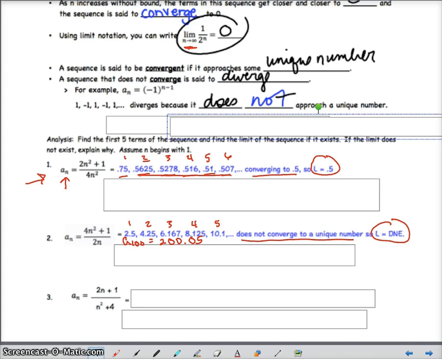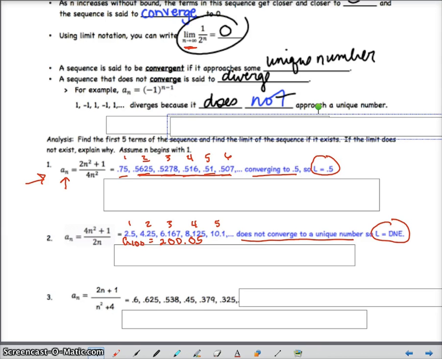On example 3, my first term is 0.6, the second term is 0.625, the third term is 0.538, 0.45, 0.379, 0.325.